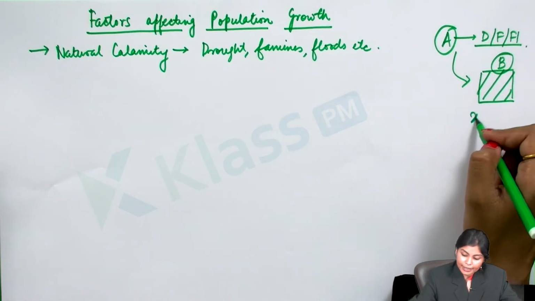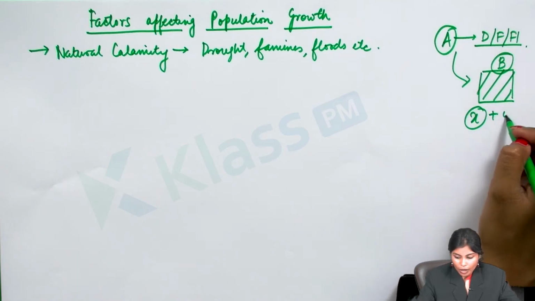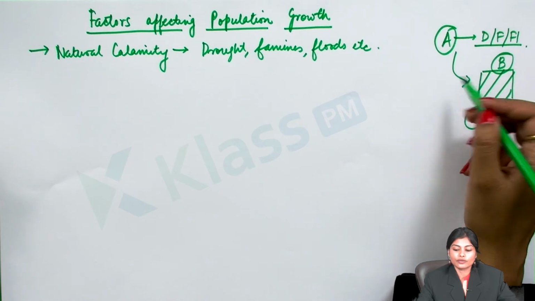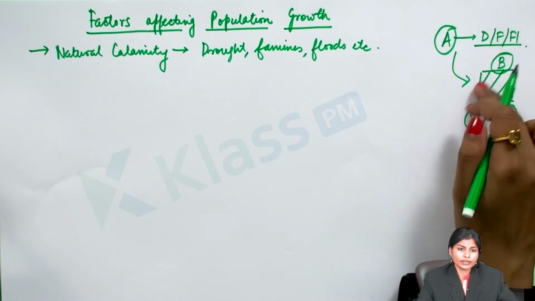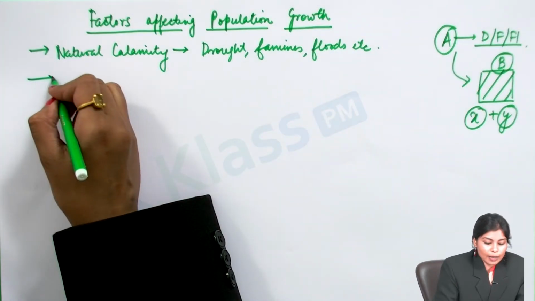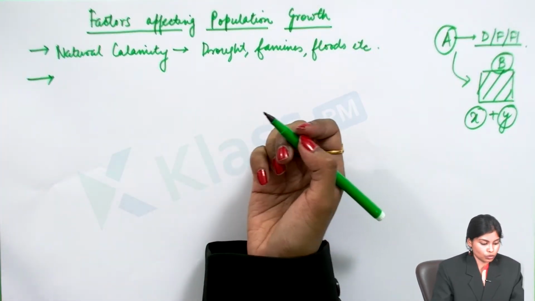X amount of people were already staying, and on top of that, Y number of people are added because of some natural calamity. So for this particular area, the population has grown. This is how natural calamity affects population growth.